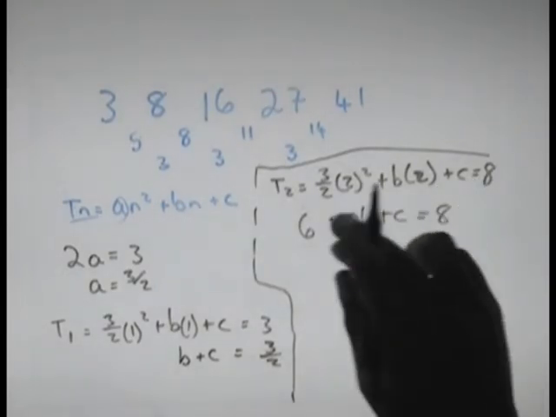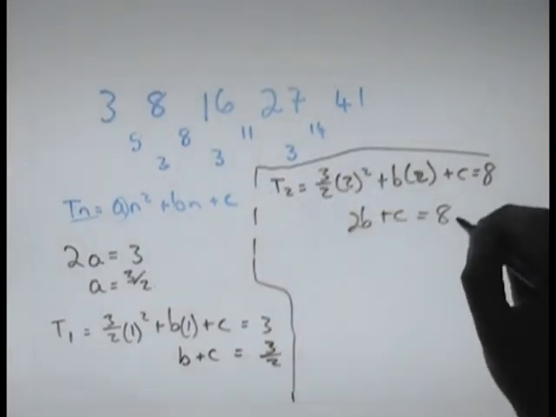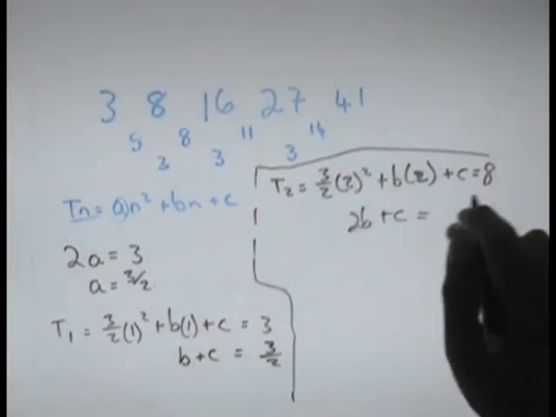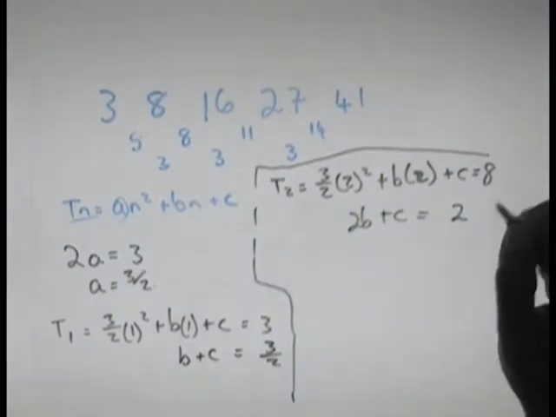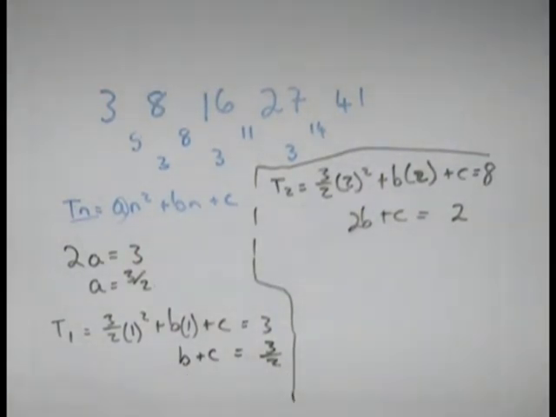That means that 2b plus c is equal to 8 minus 6. 8 minus 6 is equal to 2. So b plus c is equal to 3 over 2, and 2b plus c is equal to 2.